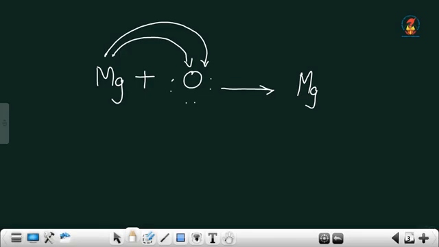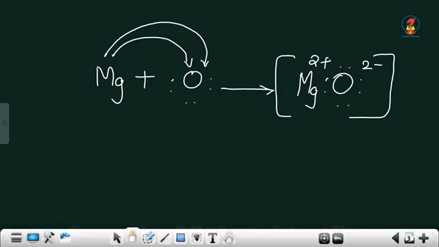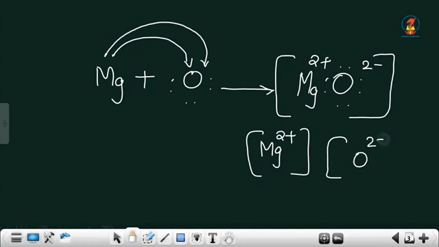Mg will be converted into Mg2+, oxygen will be converted into O2-. So this will be the compound magnesium oxide. Either you can write like this or you can write Mg2+ O2-. This is the electron dot structure for the formation of magnesium oxide.